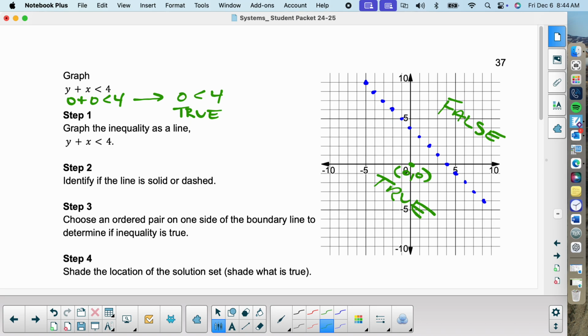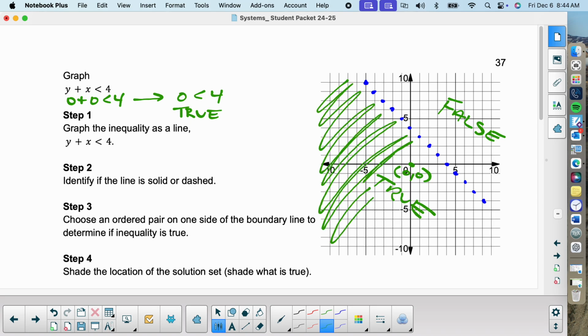Oh, FYI, you don't actually have to write true and false. I'm mainly just having us do that so you guys get the process down. You can just shade whichever half you know works. If you want to write true and false, you can, but you don't need to. I figured this one would go quick because both of the intercepts, you immediately got the answer right away.